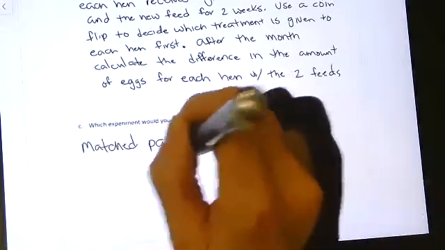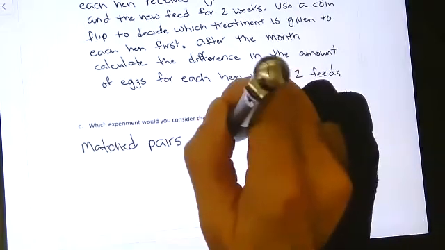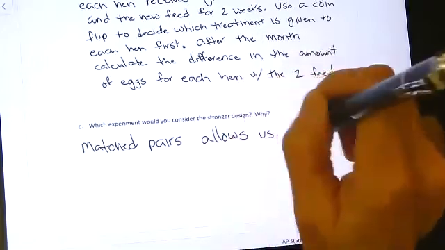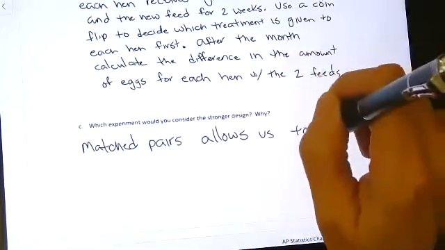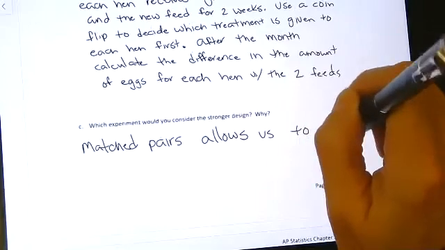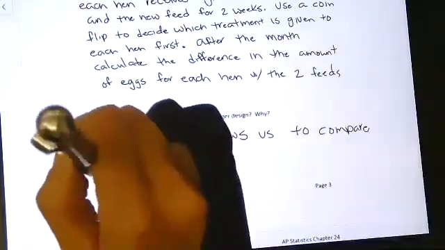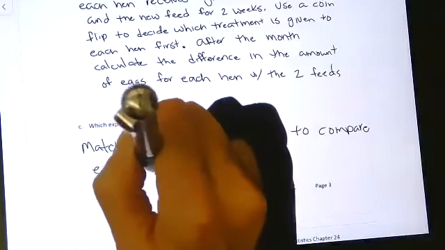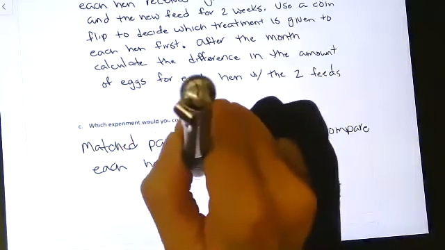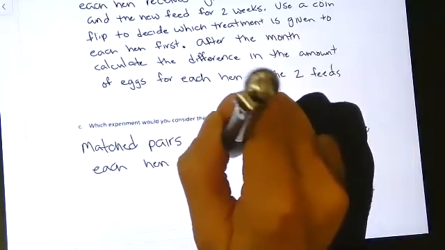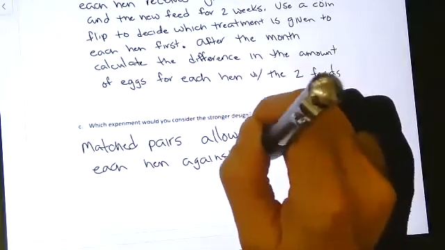Matched pairs allows us to compare each hen against itself.